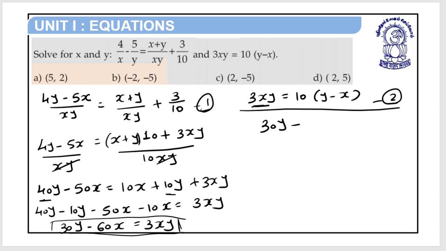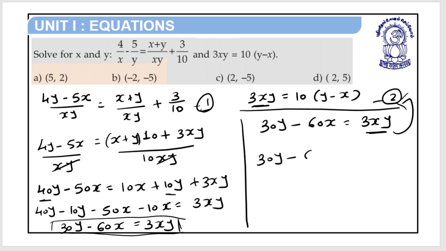So 30y minus 60x is equal to 3xy. So here put the value of 3xy from equation number 2. So 30y minus 60x is equal to 10 into y minus x. 30y minus 60x, 10y minus 10x.